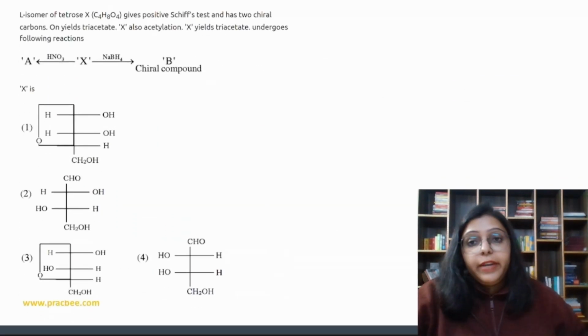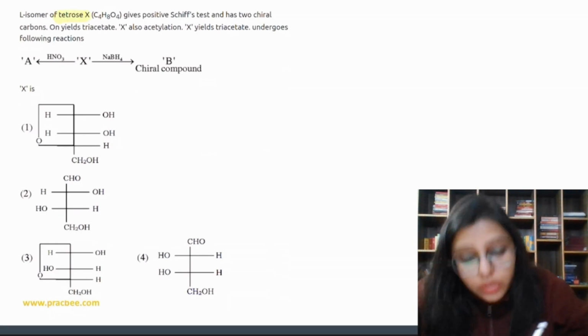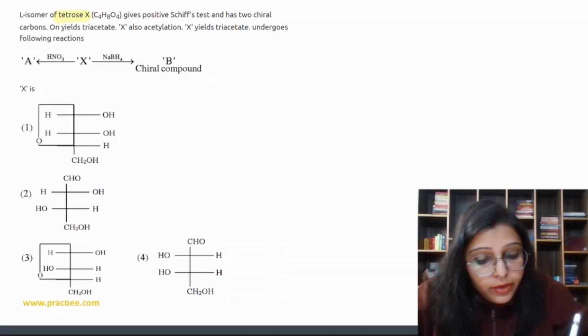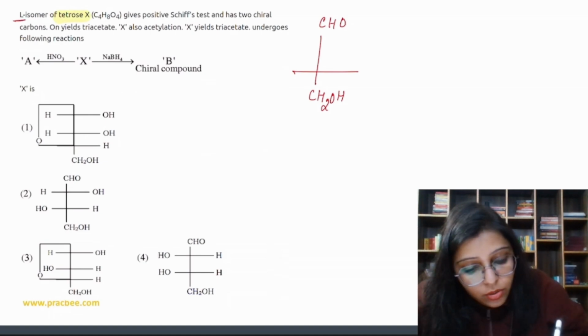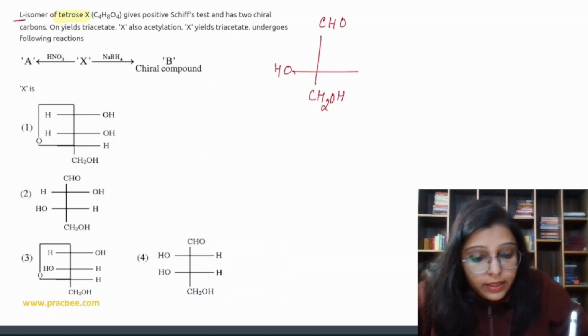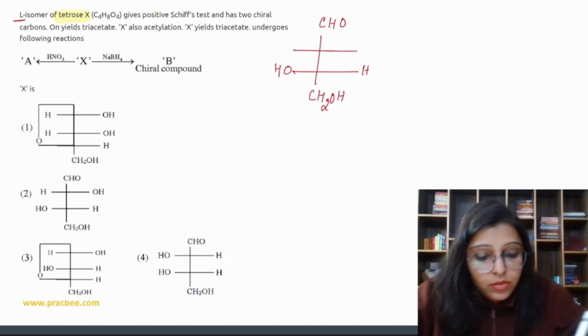L isomer of tetrose. What is the meaning of tetrose? Tetrose means 4 carbons. So if I want to form the structure, CHO, then CH2OH. L form means OH is on the left hand side, then H. Now we have two possibilities.